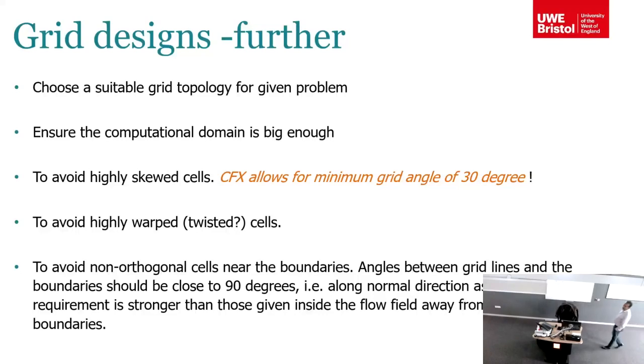Ensure the computational domain is big enough. For example, if you have a very small domain, sometimes you don't really have to go really fine with the grid, because unless you are doing a DNS, you don't have to go really, really fine.